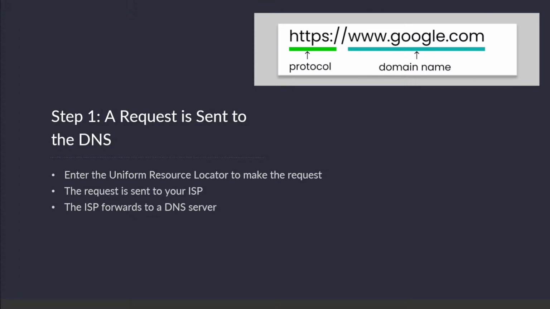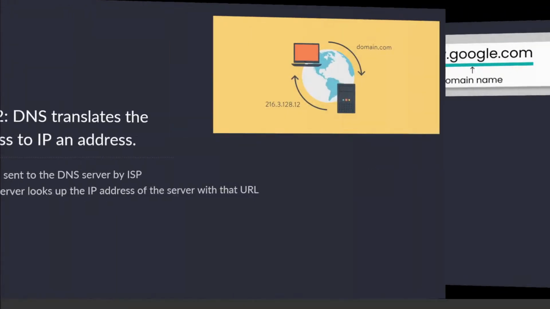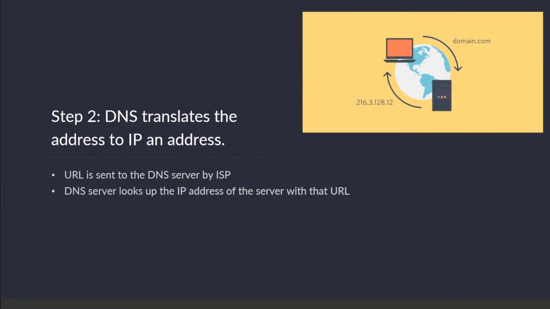So your ISP, or internet service provider, is going to make that request to the DNS server and say, okay, well, where is clevelandcc.edu, or where is google.com? Once it gets that information, it's going to tell your browser back, oh yeah, this URL is at this IP address.